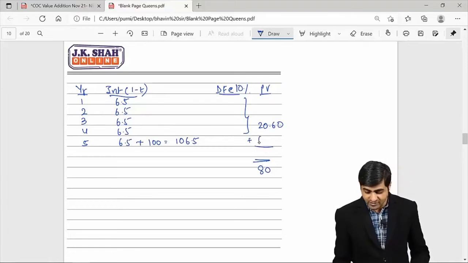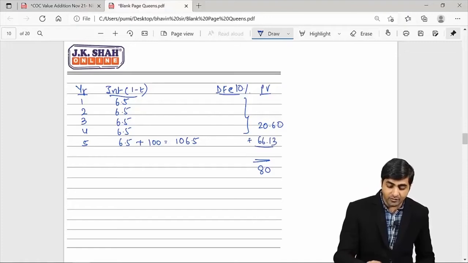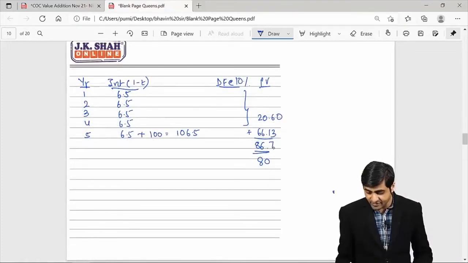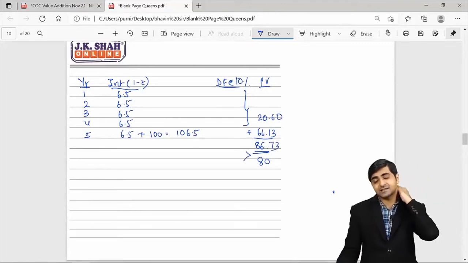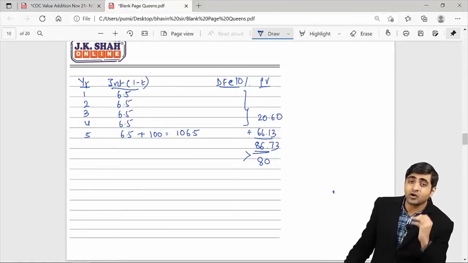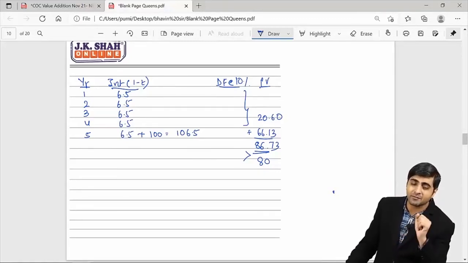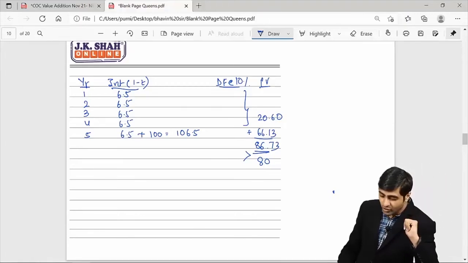So this will now give me 66.13. And guys, the total of this will now become 86.73. And as you can check, at 10%, your PV of CI and PV of CO is not coming the same. Your future value of cash flows are not getting discounted at the current market price of rupees 80. So now we have to bring this 86.73 to your 80.